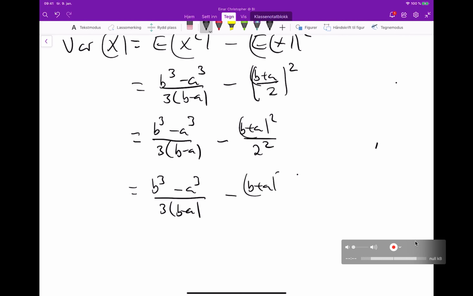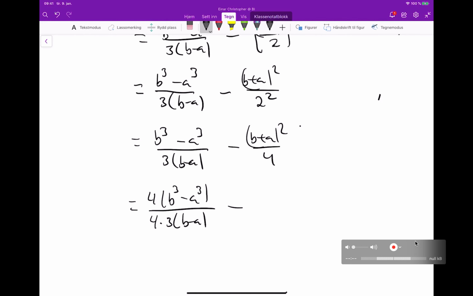We have to multiply here with 4, so we get 4 times b in third minus a in third divided on 4 times 3 times b minus a, minus, and here we have to multiply with 3 times b minus a, b plus a in the power of 2 divided on 3 times 4 times b minus a, like this.